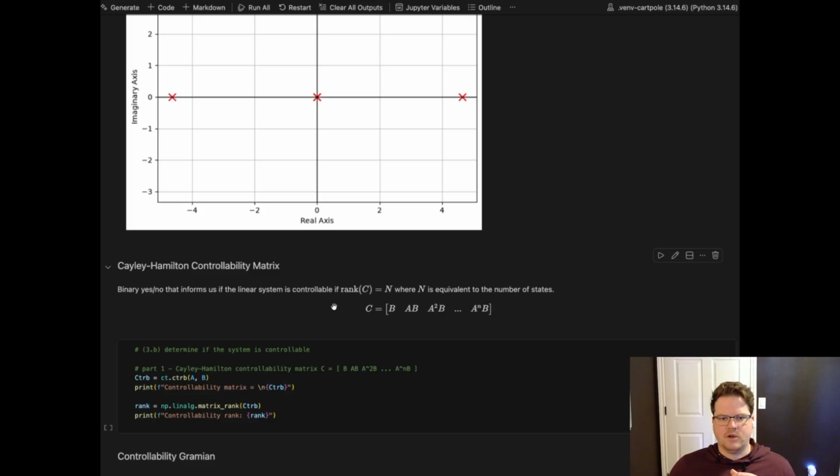So we only care about the row rank of C being full row rank matching N here. And that's the question, is this system controllable? So we can use CTRB in the Python control library to get the controllability matrix, and then we get the matrix rank by NumPy.